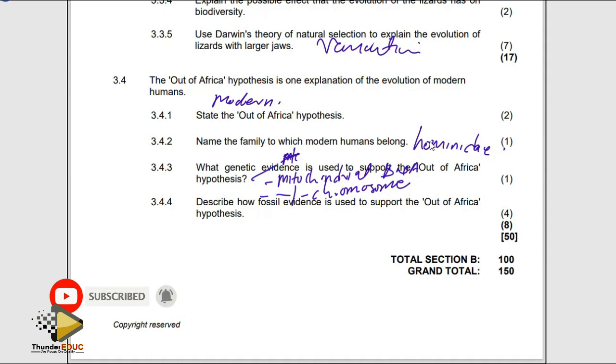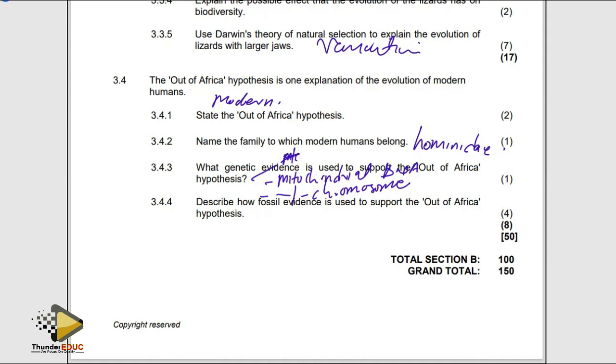So Ardipithecus discovered in Africa. Australopithecus species discovered in Africa, for example Taung child, Mrs. Ples. Then Homo habilis, discovered in Africa. The oldest Homo erectus and Homo sapiens, discovered in Africa.